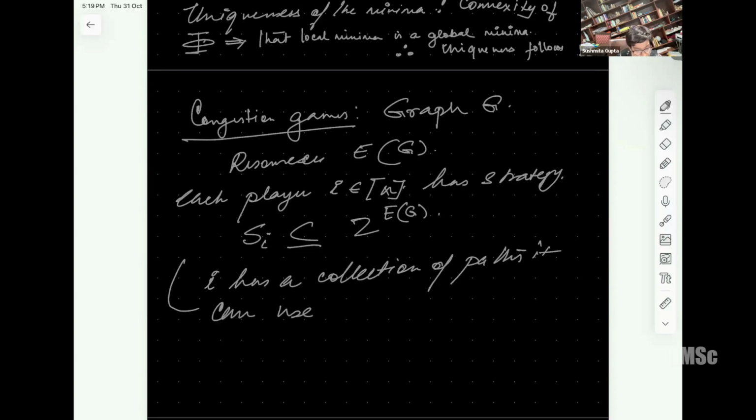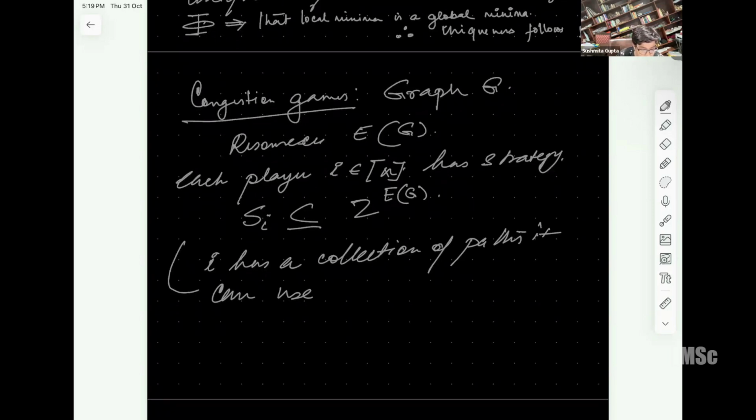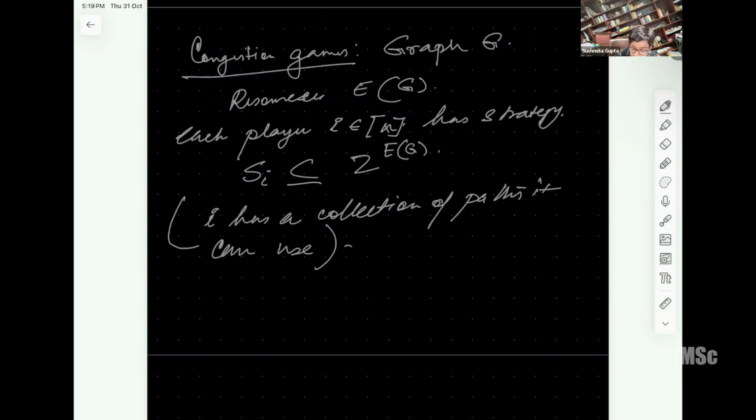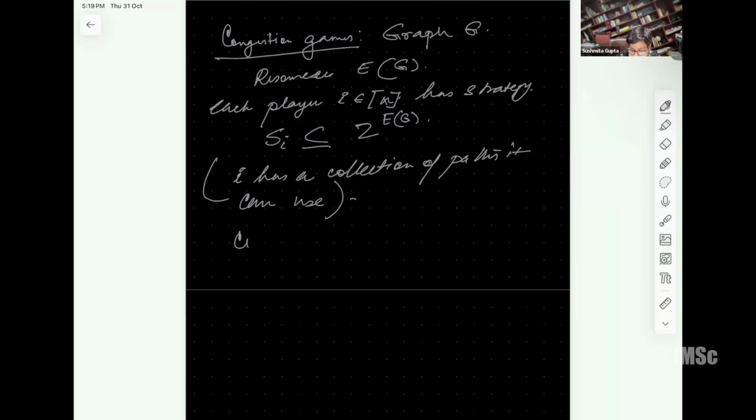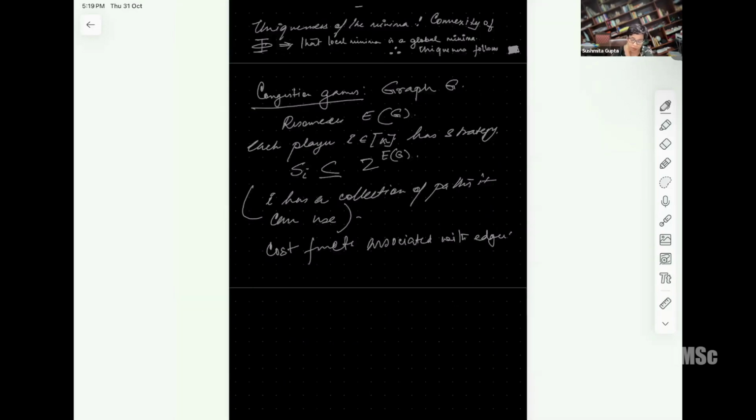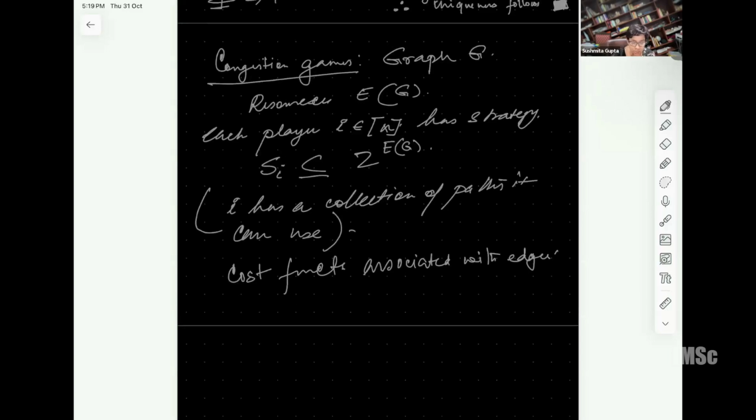Now, this is the setting of congestion games. And of course, you have cost functions associated with edges. This is what a general congestion game is. So it's basically a type of selfish routing network.